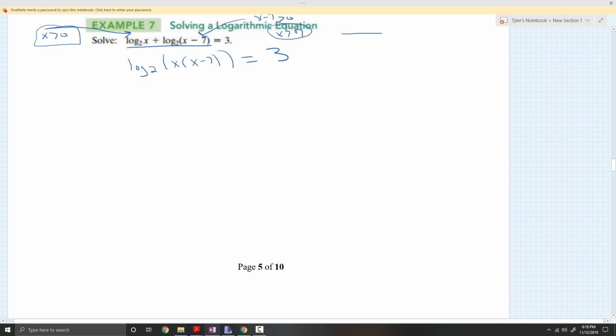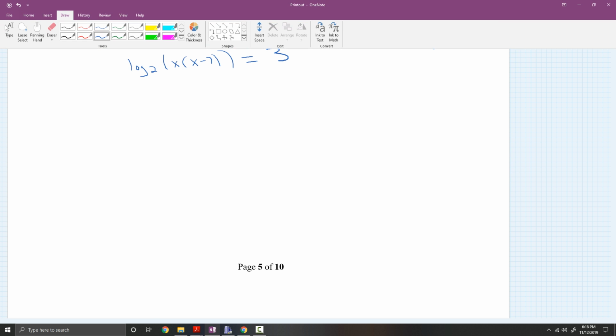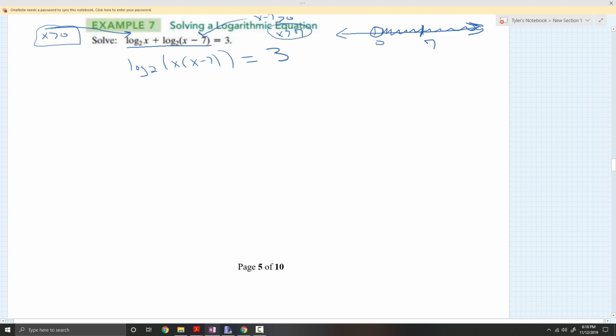So if you have trouble seeing that, if I make a number line, here's 0, here's 7, x greater than 0 would be an open circle at 0 and then shading to the right. But then x bigger than 7, I'll use a different color, would be an open circle, then shading to the right. So this is the overlap part. So I'm going to want all x values to be greater than 7. If you look at each of those individually, you want to take the intersection.